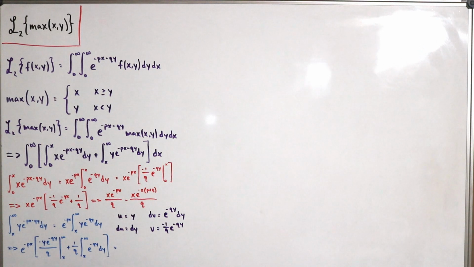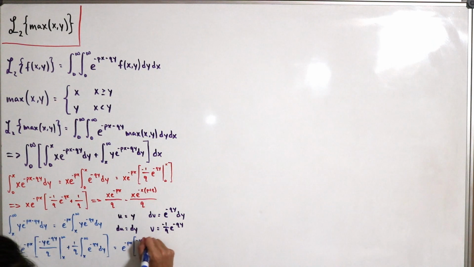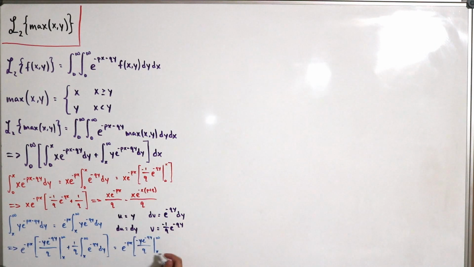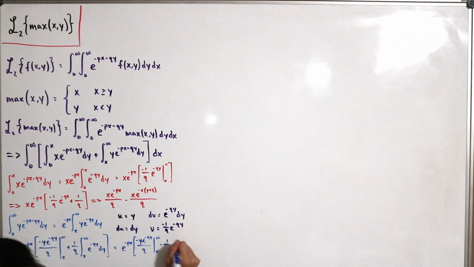I'm keeping the e to the negative px and not computing the bounds just yet, to make sure everything is integrated first. This integral will be -1 over q times e to the negative qy, distributing the 1 over q, which gives -1 over q squared of e to the negative q times y, from x to infinity.